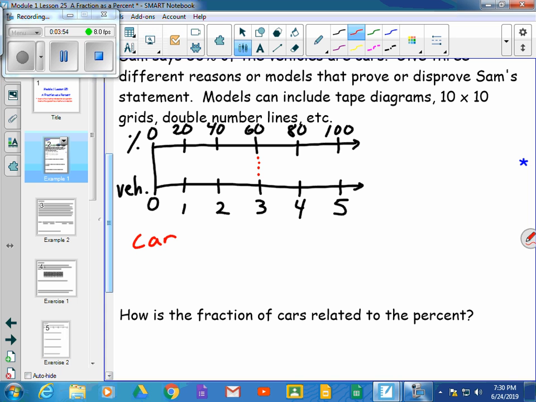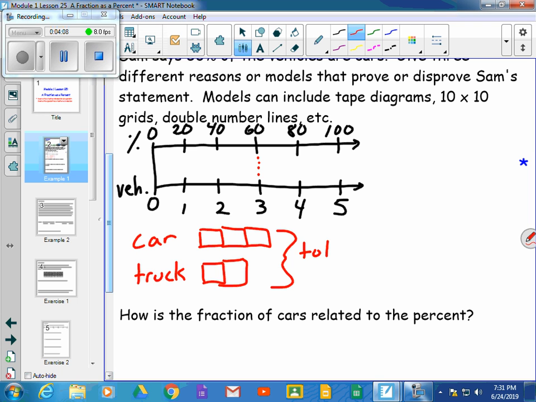We could even use a tape diagram. We could have cars and trucks. 3 equal pieces for the cars, 2 for the trucks, and all of this would represent the total.